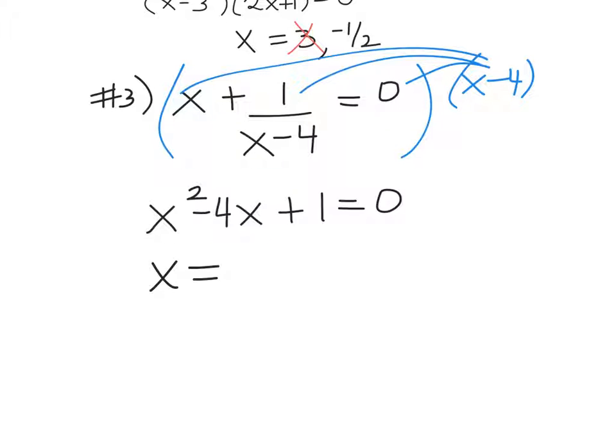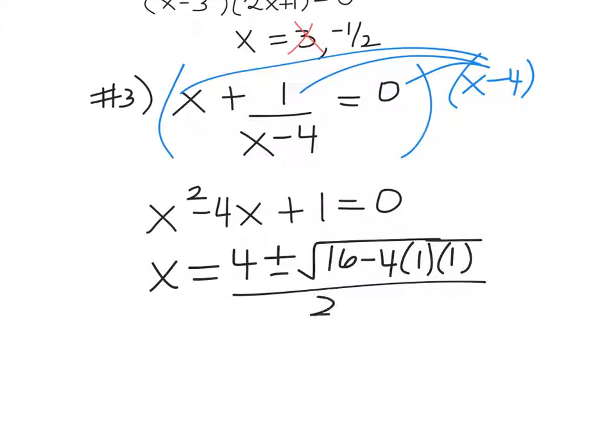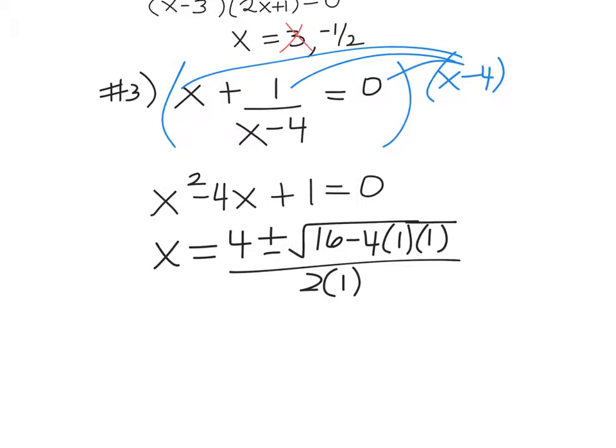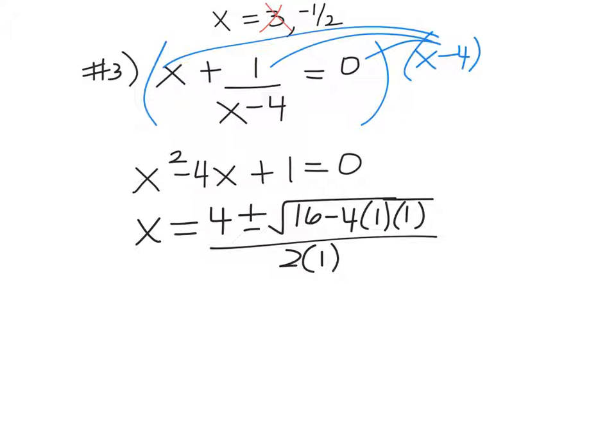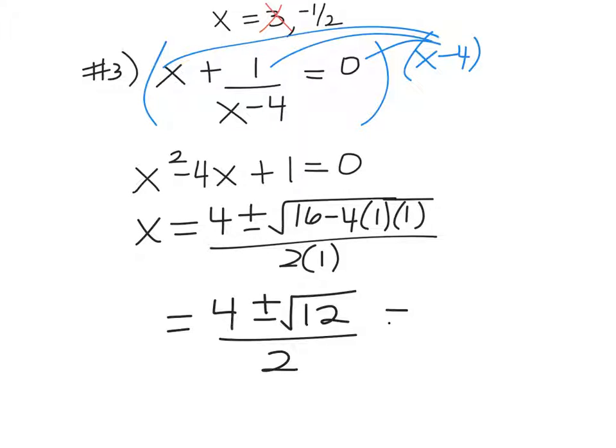Okay. Negative b plus or minus square root b squared minus 4ac all over 2 times a. All right. And then make sure you simplify everything. You rationalize, you reduce, all that stuff. So here we get 4 plus or minus the square root of 12 all over 2, which is 4 plus or minus 2 rad 3 over 2.